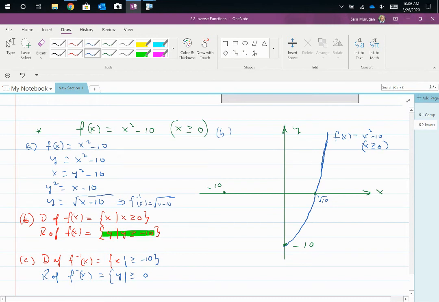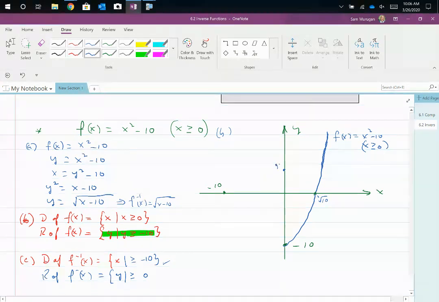Okay, and it's kind of specifying that x can only be greater than or equal to negative 10. So we don't take plus or minus the square root of negative 10. So to plot this, all we would have to do is reverse the 2 points that we took.